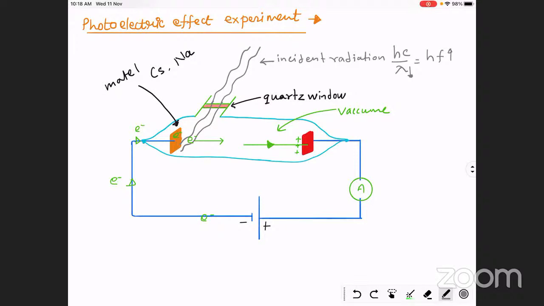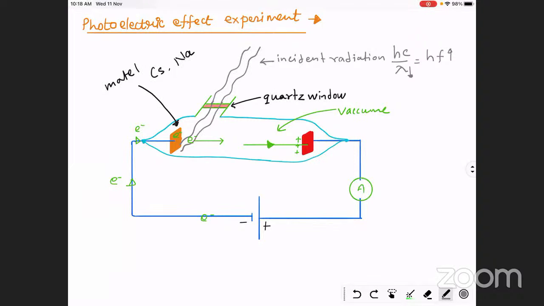So if you increase energy of incident radiation, there will be no effect on current. So if you want to increase current, what you should do? Number of incident radiations must be increased. Correct. You'll have to increase number of incident photons. Right? Understood, everyone? Yes, sir.